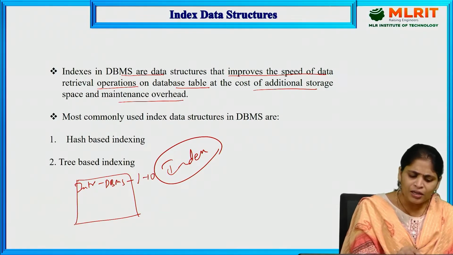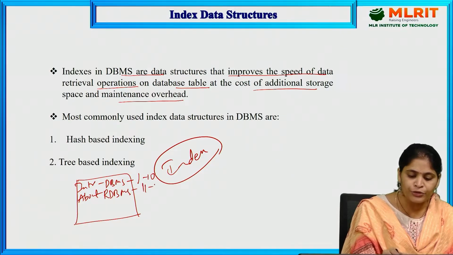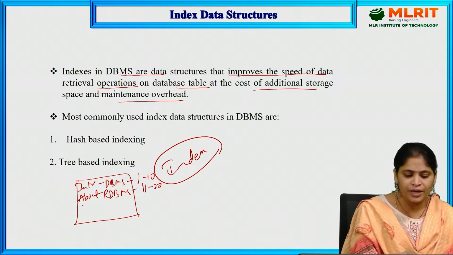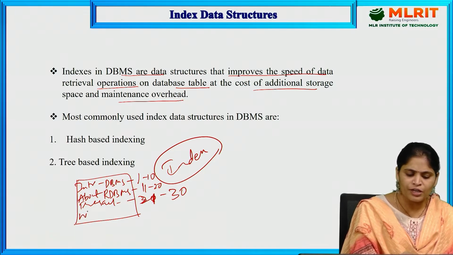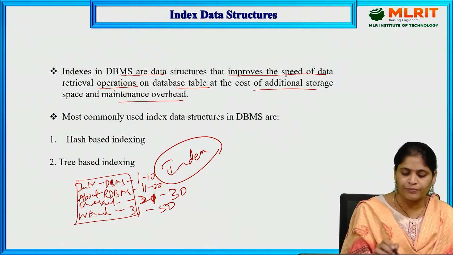Next, RDBMS, 11 to 20. Transaction concept, 21 to 30. Last one, normalization, 31 to 50.